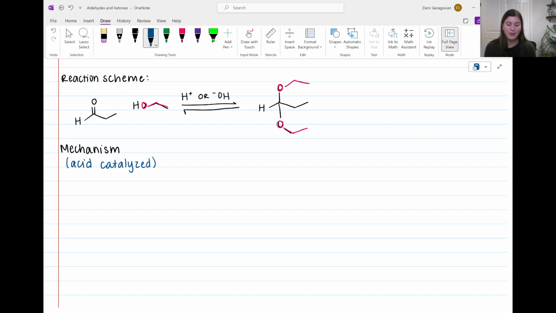If we have ethanol in an acidic environment, just like the previous video, ethanol will be protonated from the acid present. Both of these molecules, neutral alcohol and protonated alcohol, are present when we have the acid catalyzed reaction.